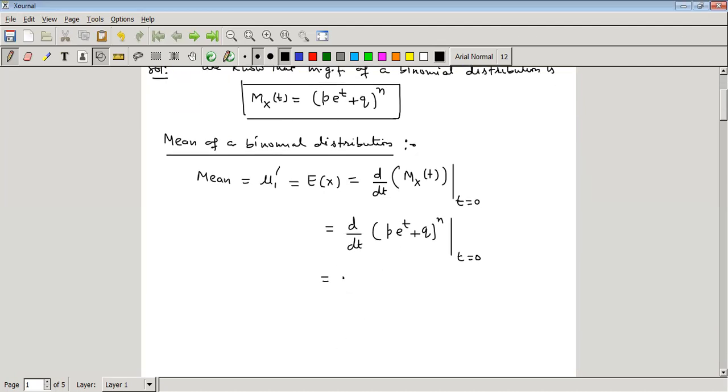The derivative of (p e to the power t plus q) whole power n is n into (p e to the power t plus q) to the power n minus 1, and then we again differentiate the inside, so we get into p e to the power t at t equal to 0. Let this be equation number 1.